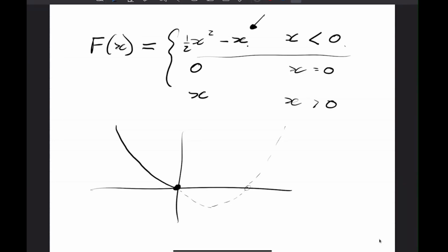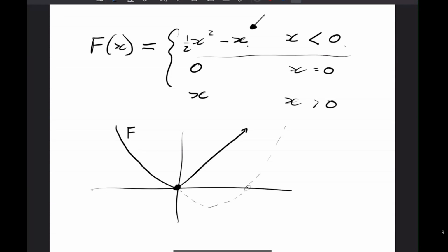When x is equal to 0, the value of big F is 0, and if x is positive, then the value of big F is just x.